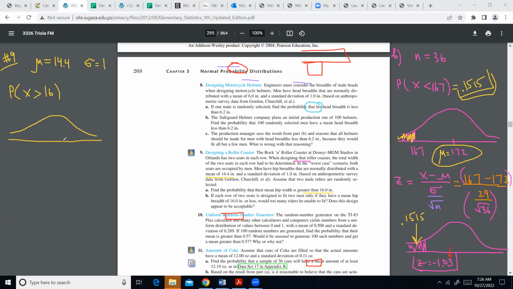So we know that the population is normally distributed with a mean of 14.4, and 16 is bigger, so somebody has larger size, or even worse. That's how we think about it. So they say greater than 16. So 16 or greater is pictured here.